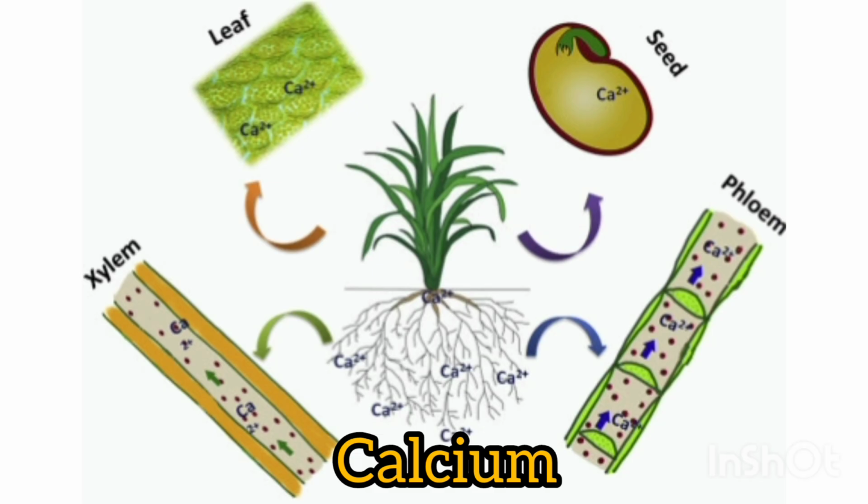If calcium is in excess, it can simply outcompete other elements such as potassium and magnesium for uptake sites on the root. Or it can change the soil chemistry by elevating the pH to the point where iron and boron become unavailable.